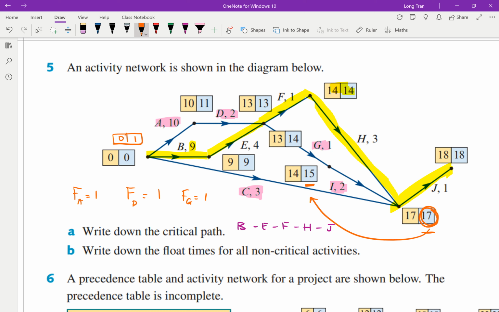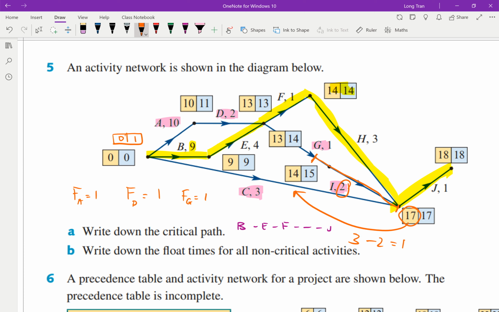And 17 minus the 14 gives you the 3, and 3 minus 2 gives you that 1 distance. So there's 3 units between the start and the end for I, but it only takes a duration of 2, so 3 minus 2 is equal to 1.